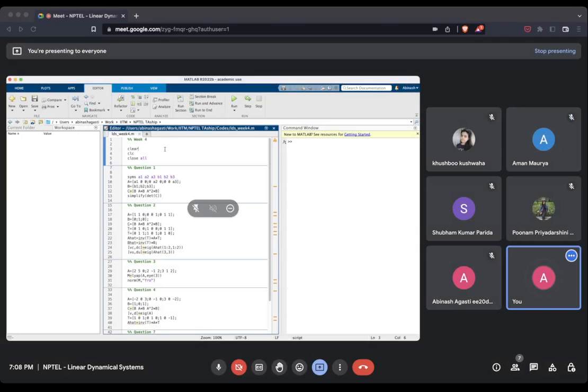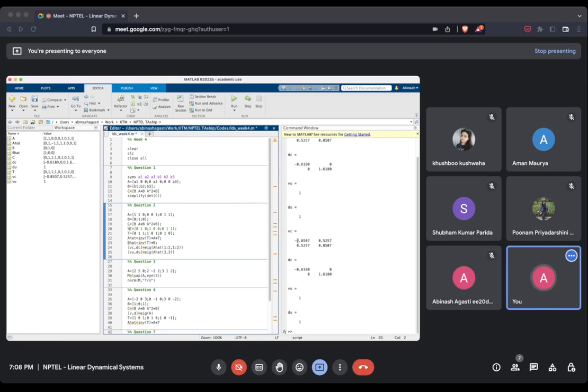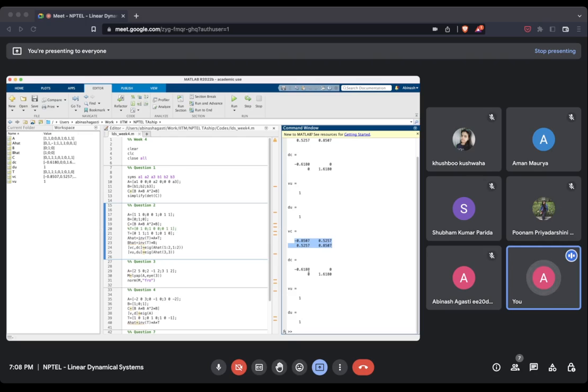So I have declared all A, B, C, found the controllability matrix, and taken this transformation matrix which we considered. So there you see these are the controllable eigenvalues. So this matrix has two controllable eigenvalues given by -0.618 and 1.618, and one uncontrollable eigenvalue given by 1. Okay, is it clear? Yes, sir.